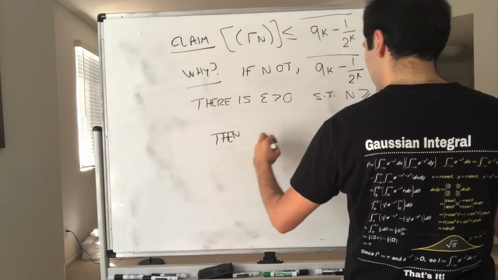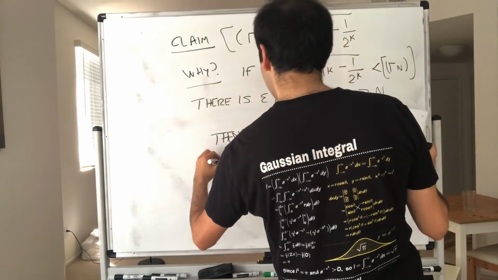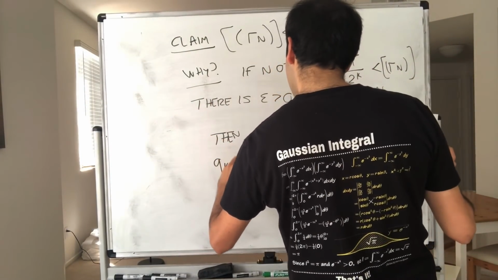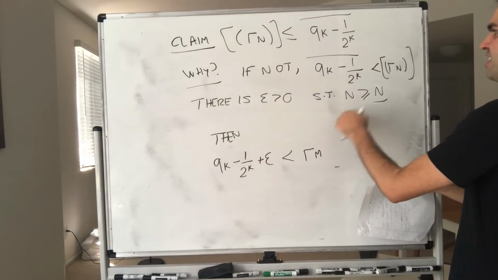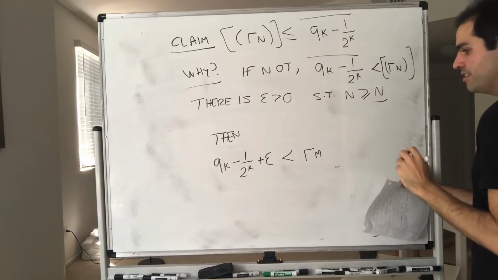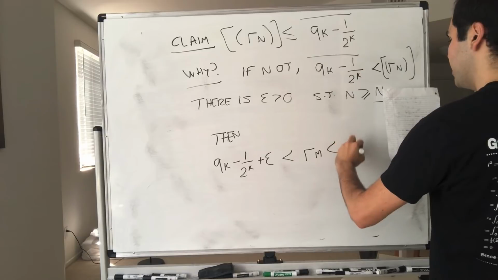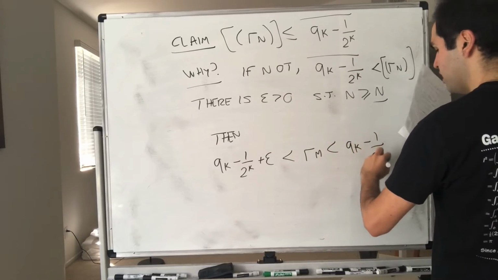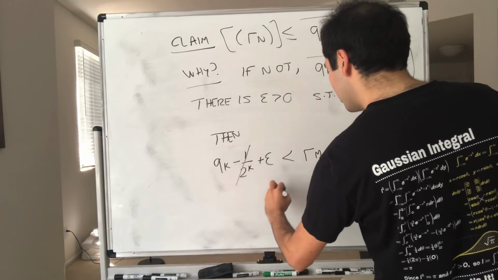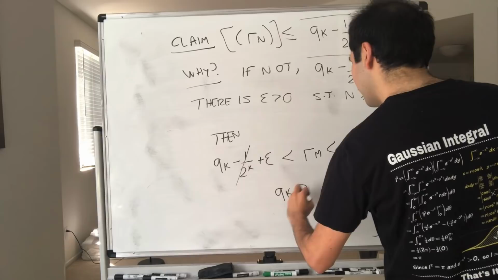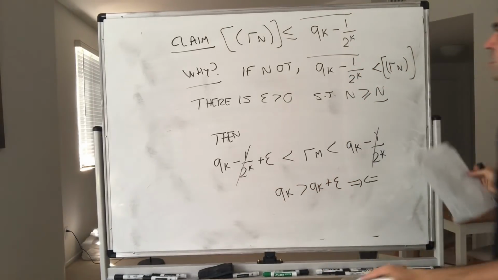Rm on the one hand is bigger than Qk minus 1 over 2 to the k plus epsilon. That's by definition of Rn being bigger than this, but we've just shown by our value of k that this is less than Qk minus 1 over 2 to the k. So you get the contradiction essentially that Qk is bigger than Qk plus epsilon. And so this doesn't work.